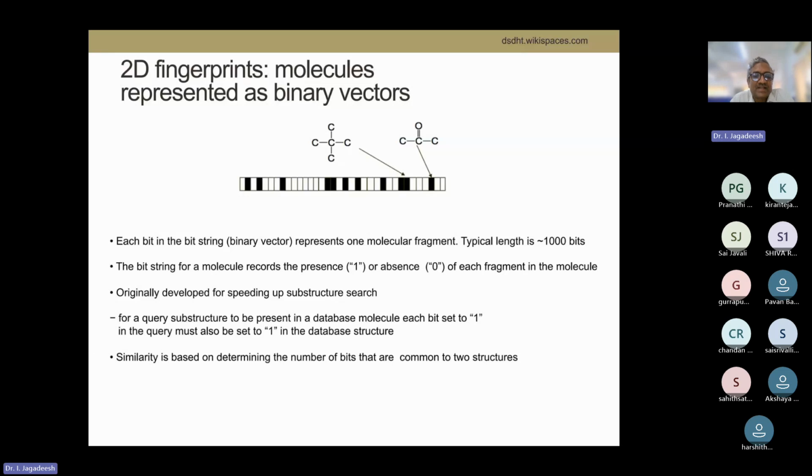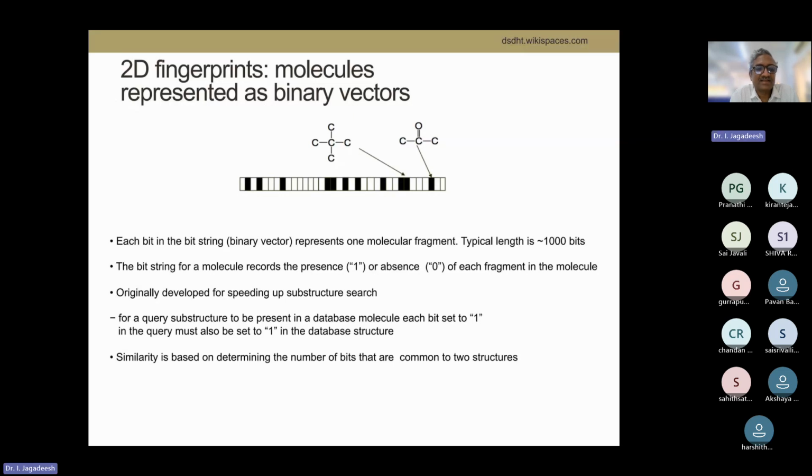These were originally developed for speeding up the substructure search. It is very fast in nature, but at the size and volume level, we may have a difference. But at the structural level, it is the same. At the chemical structural level, they will be the same by this particular concept.